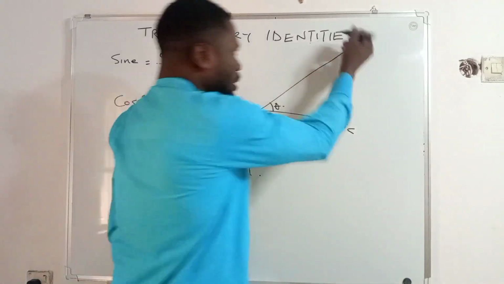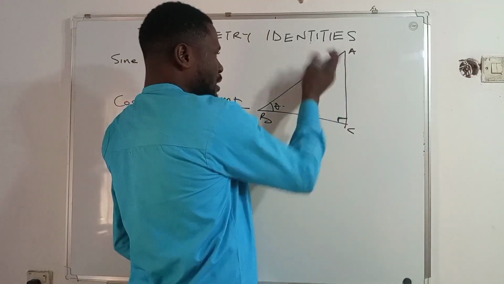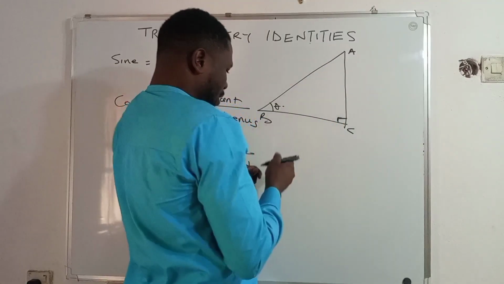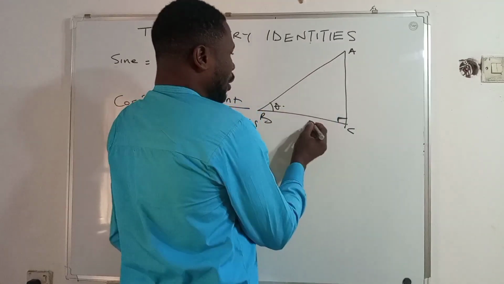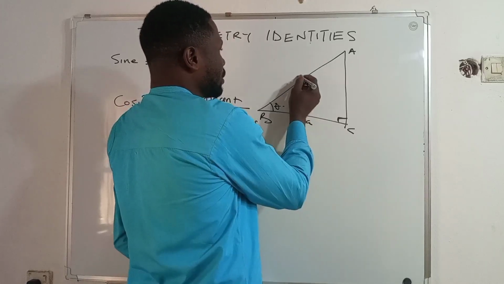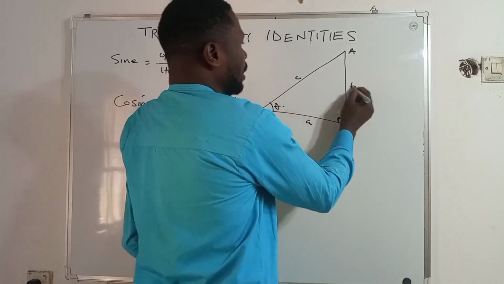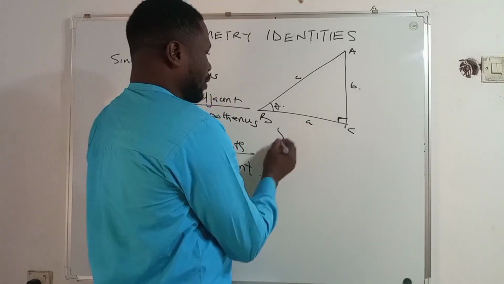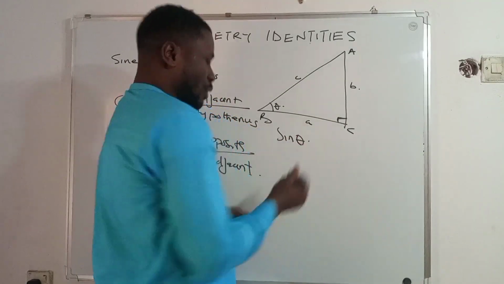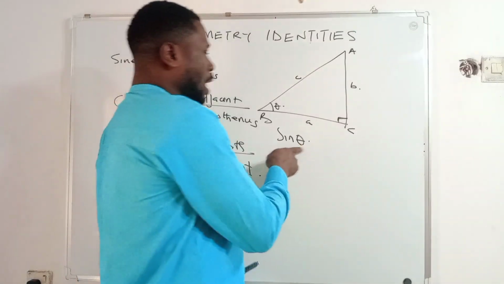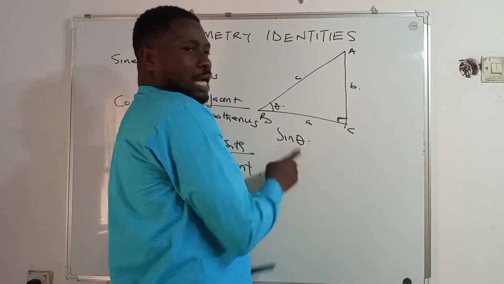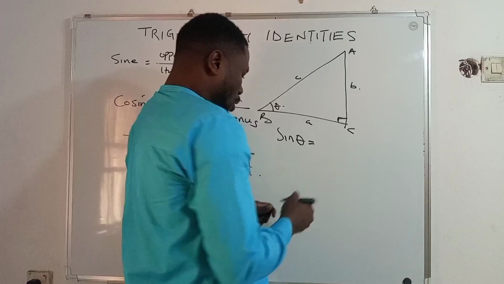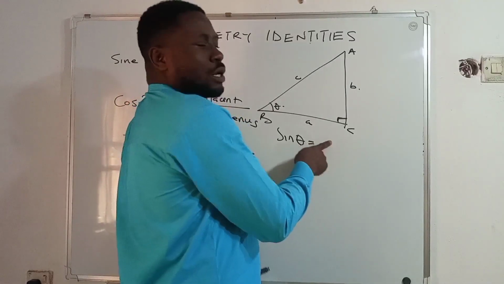Supposing I say that this side that faces this angle be small letter a, and this will be small letter c, and this will be small letter b. And now I want to define sine theta. Because the angle is theta, this has to be equal to the opposite of theta.